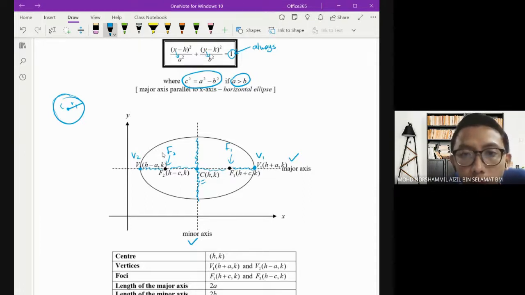Kalau kita pilih satu titik kat sini, kita buat jarak ni, total jarak ni akan jadi sama guys. Itu maksud dia. Sebab tu foci pun penting, bukan setakat center dan vertex kiri kanan.